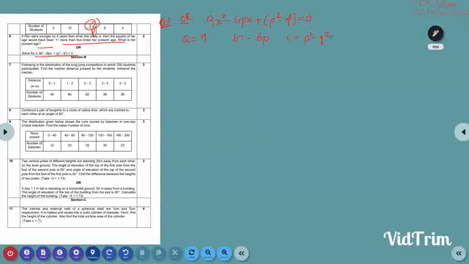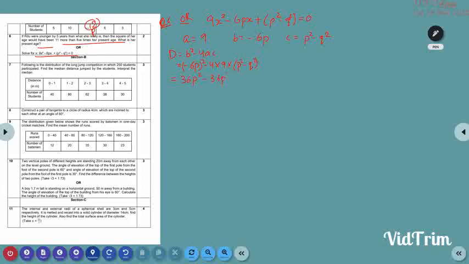root D by 2a. So on substituting the values, b is minus 6p. So this will be minus of minus 6p plus root D is 6q, so this will be minus of minus 6p plus 6q upon 2 into 9. And the other one will be minus of minus 6p minus 6q by 2 into 9.